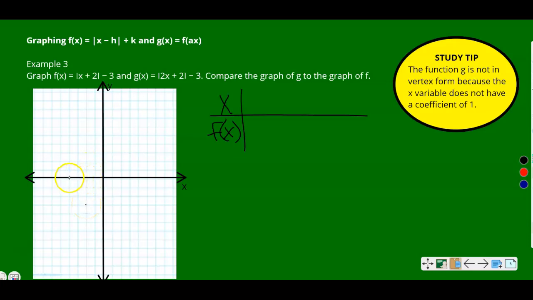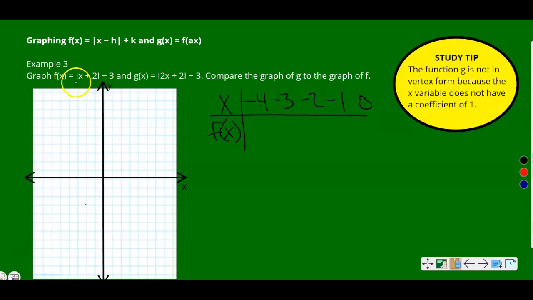And when I make a table of values, I need to have points on both sides, left and right of my vertex, in order to get that V-shaped graph. So let's choose negative 4, negative 3, negative 2, negative 1, 0. We'll see if that's good enough.